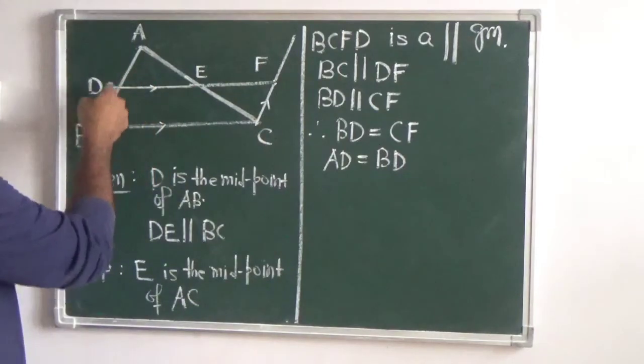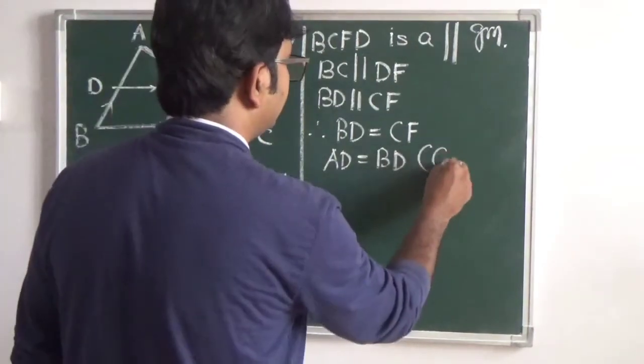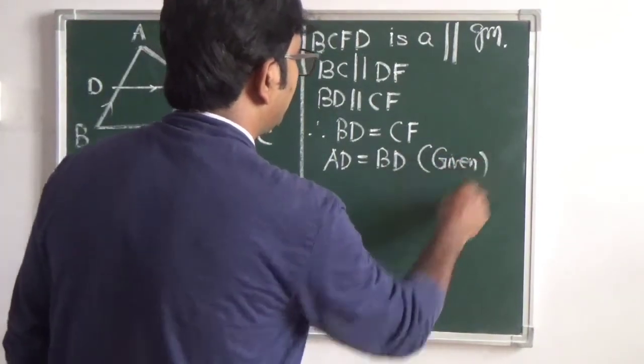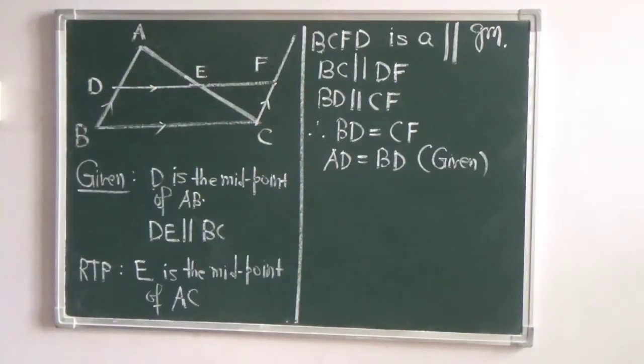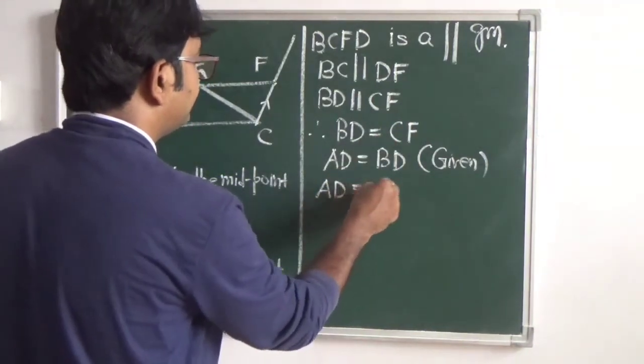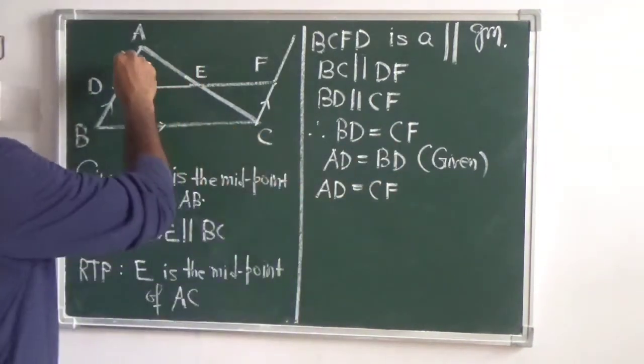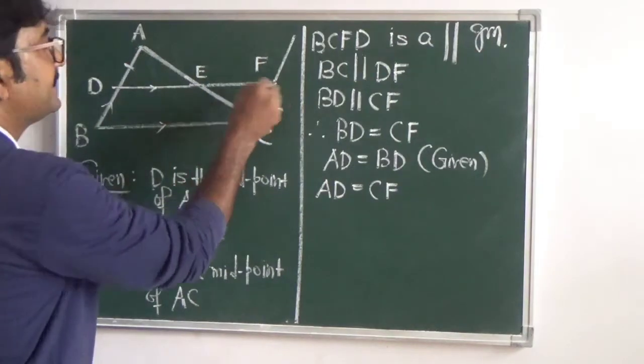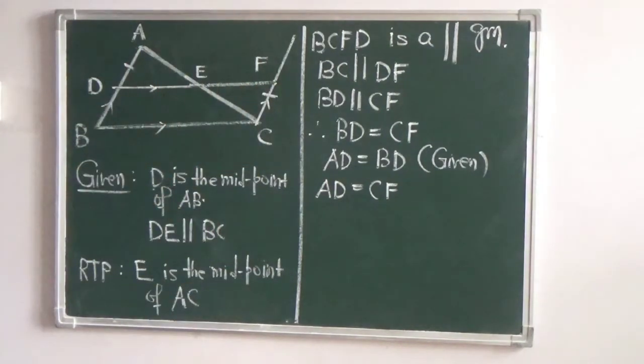AD equals BD because D is the midpoint. Then from these two, we can write AD equals CF. AD and CF now become equal from this information.